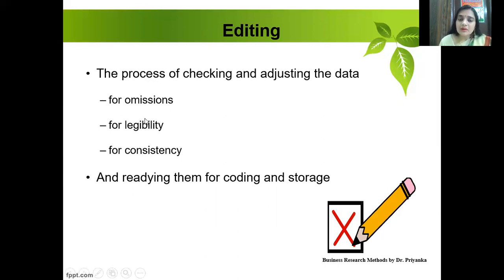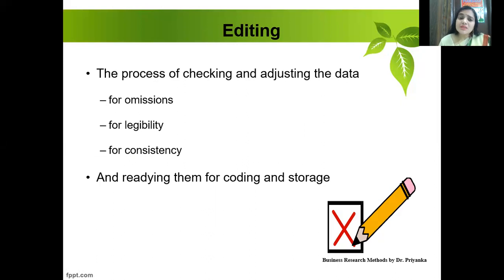Sometimes during data entry, by chance we enter some wrong data. For example, somebody's year of birth is 1988, and you entered by mistake 1987 or 1989. That is a kind of mistake we make sometimes, right?